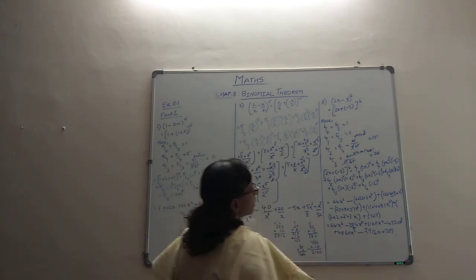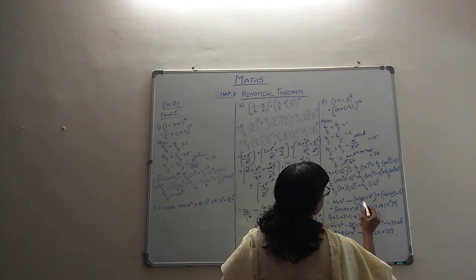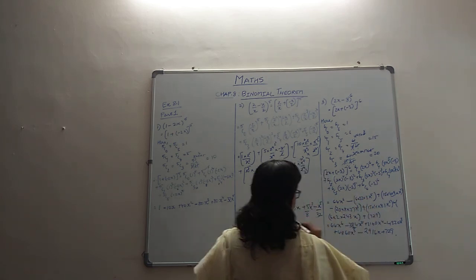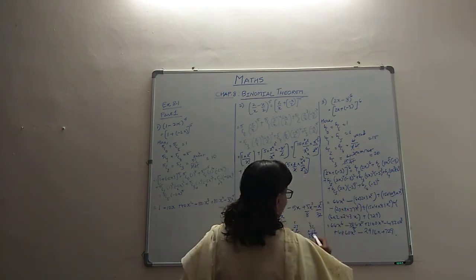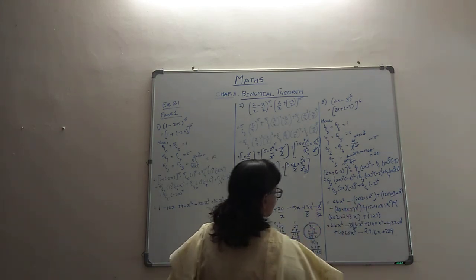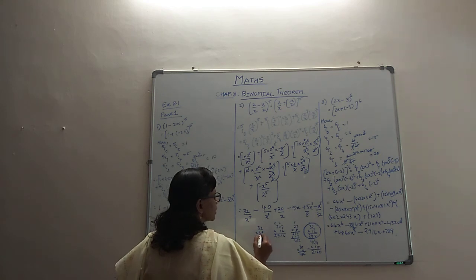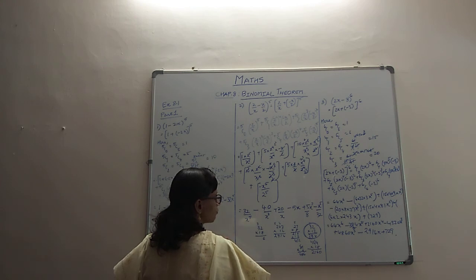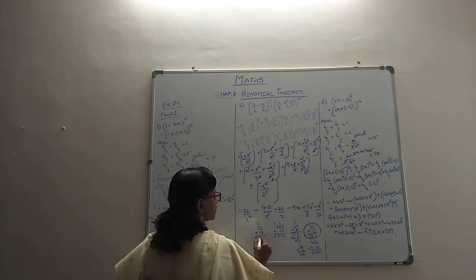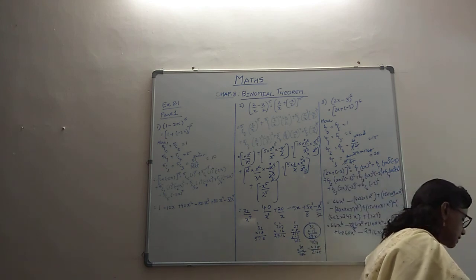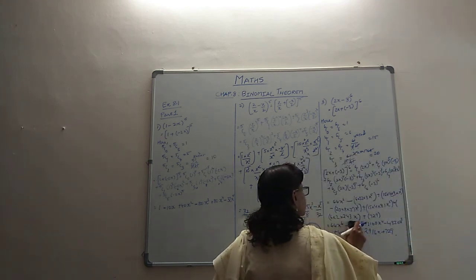Let's check. 6 into 6 is correct, 32 is correct, 3 is correct. So 6 3s are 18. That's a problem. 32 into 18. 18 2s are 36, 3 carry. 18 3s are 54 and 57. So 576. Yes, that's a problem.